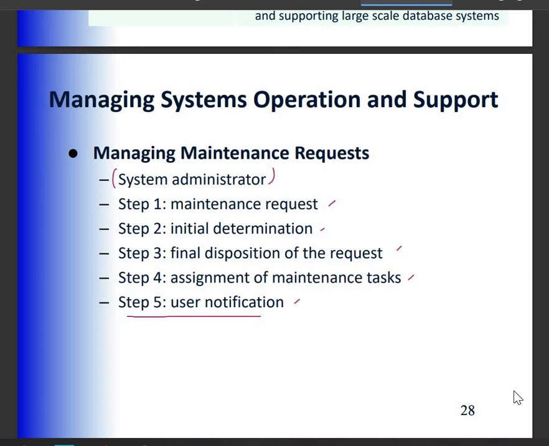Okey cik ataupun puan, request awak yang bernombor sekian-sekian berkaitan dengan firewall kita dah perbaiki. Masalah tersebut wujud kerana apa-apa. Kena notify user, kena notify pengadu. Jangan biarkan pengadu tu terkontang-kanting sorang-sorang lah.